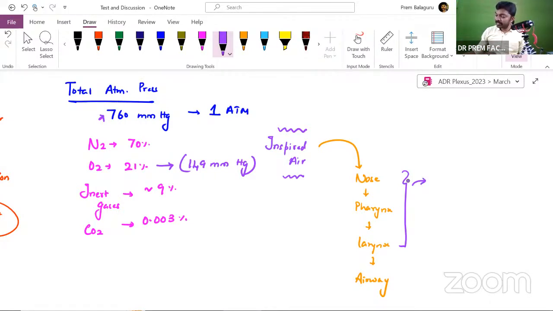The epithelial cells add water vapor. Water vapor is also a gas, doctors. This water vapor is added by the epithelial cells at a partial pressure of 47 millimeters of mercury.